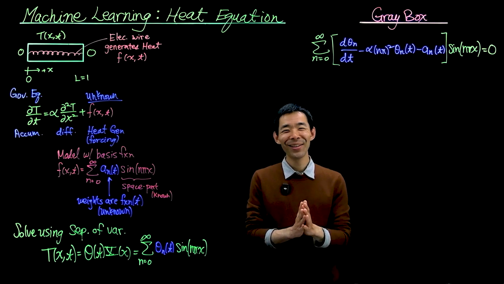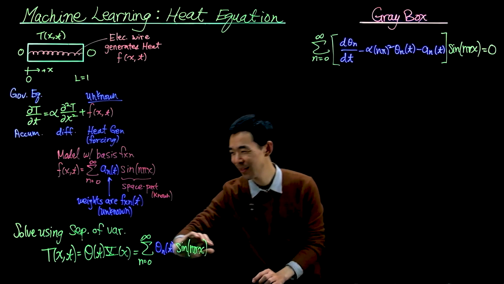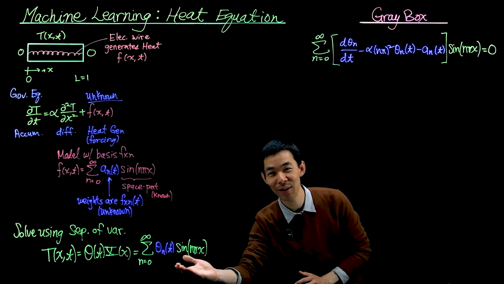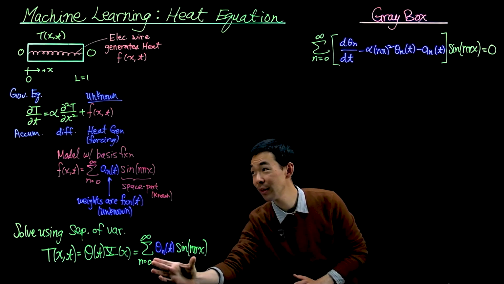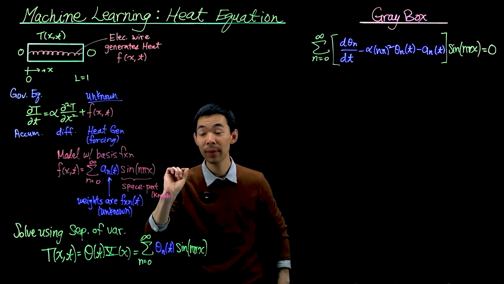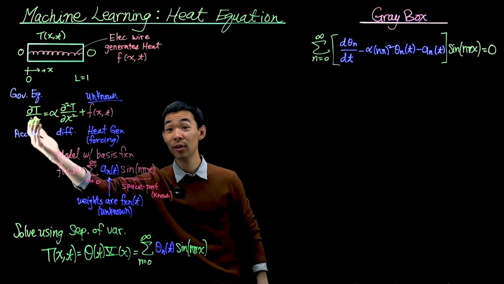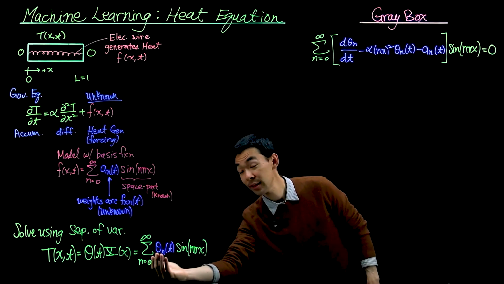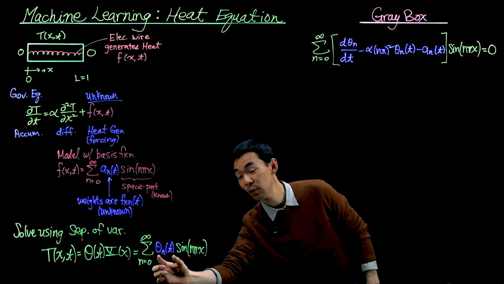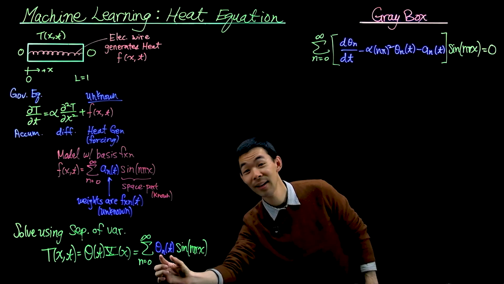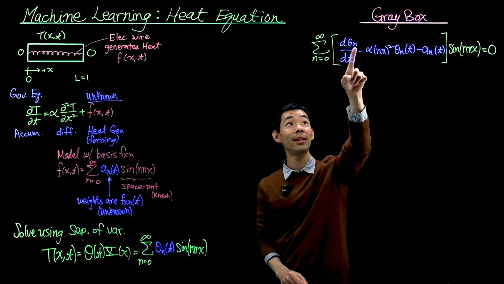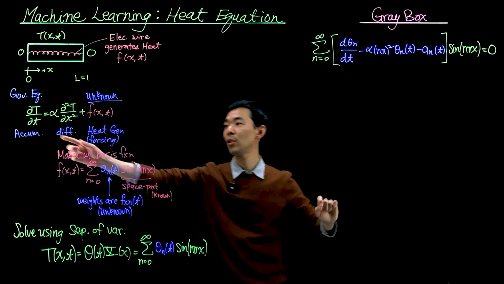All right, so what I've done here is to take this form right here on the bottom and plug this into our differential equation. The first term on the left, the accumulation term, the sine is going to pass right through. We're just going to have a first derivative of theta n of t. There it is, d theta dt. That's the accumulation term.